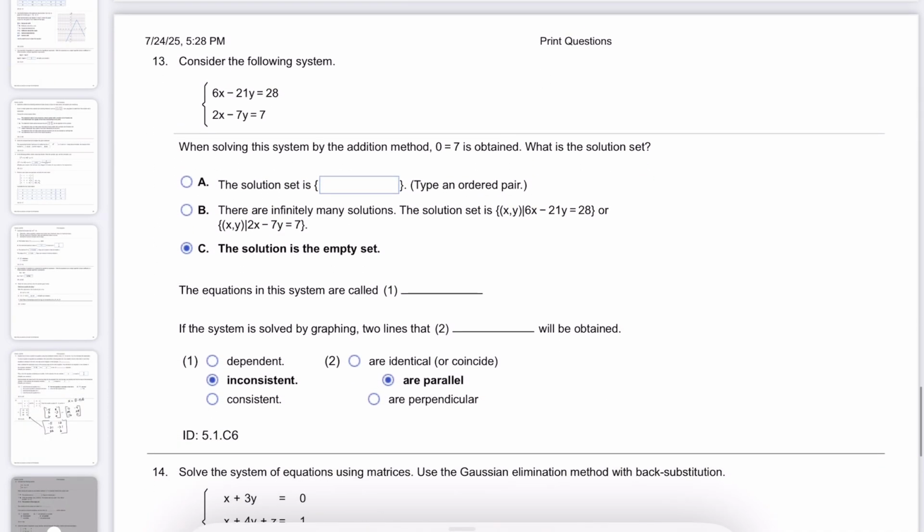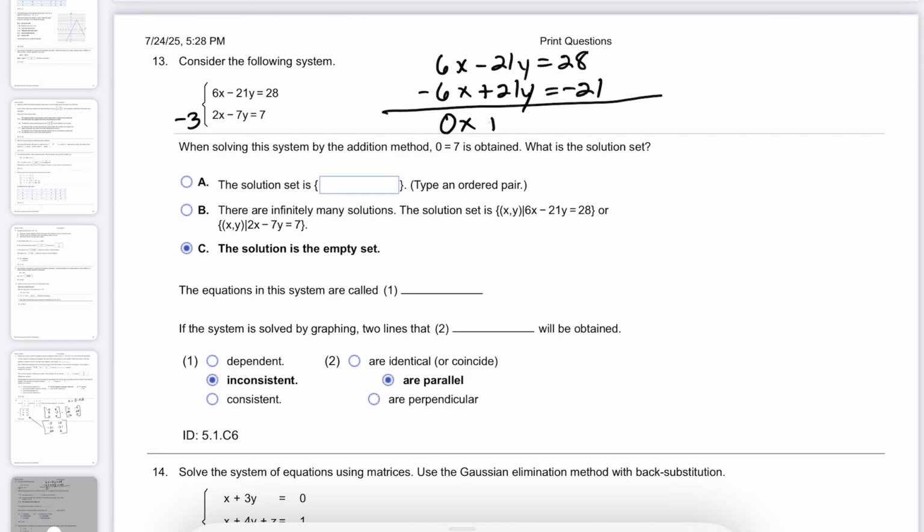All right, so if I were to use the addition method, I probably would multiply the second equation by -3. So I would have 6x minus 21y equals 28. And then I would end up with -6x plus 21y equals -21. And when I add those together, I get 0x plus 0y equals 7, and that is where this comes from.